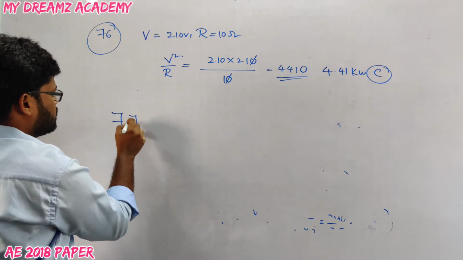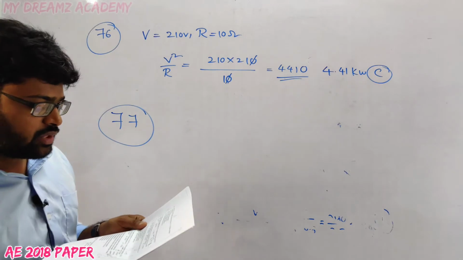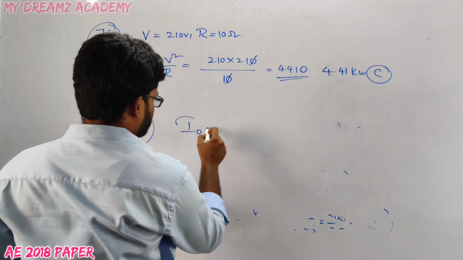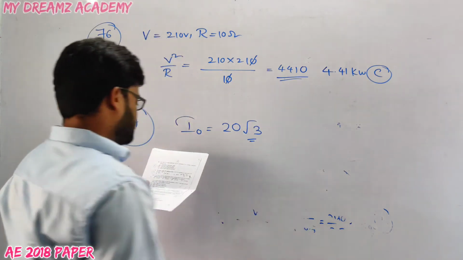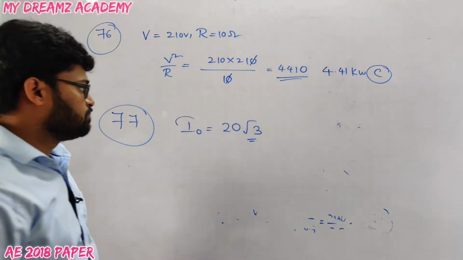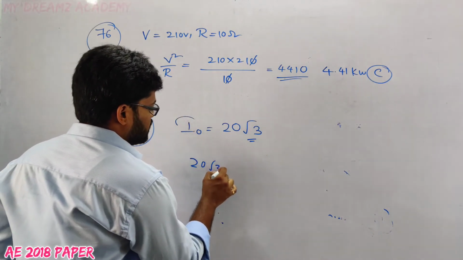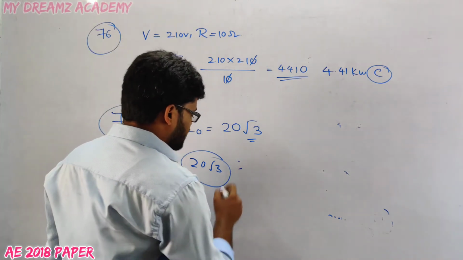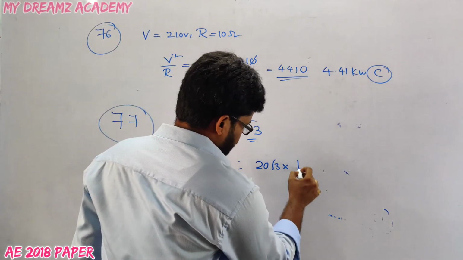Question number 77. If the constant output voltage of a three-phase full converter is 20√3, then what are the peak value and RMS value of current for each switching device? The peak value of the switching device is 20 into √3, and the RMS value of the device is 20√3 into 1 by 3.